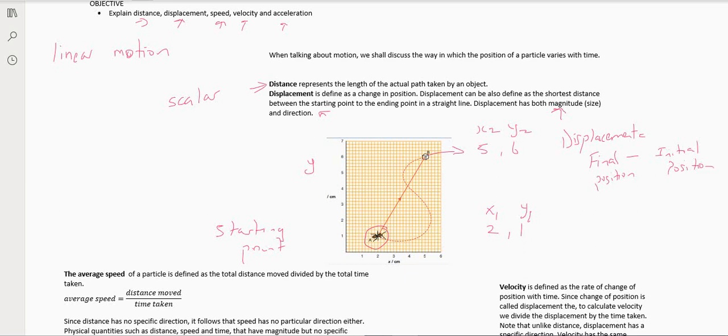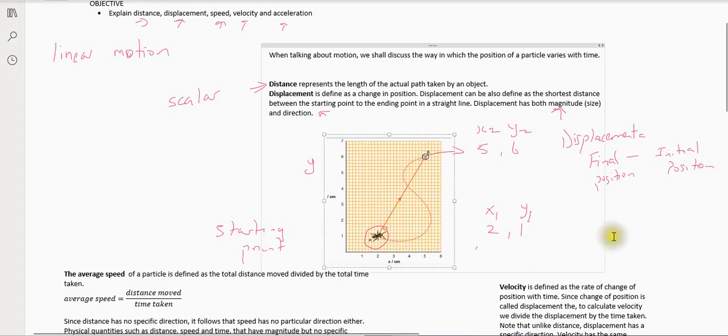Now if we look at this, we're going to have two displacements, so to speak. We're going to have one displacement for the y-axis, and one displacement for the x-axis.